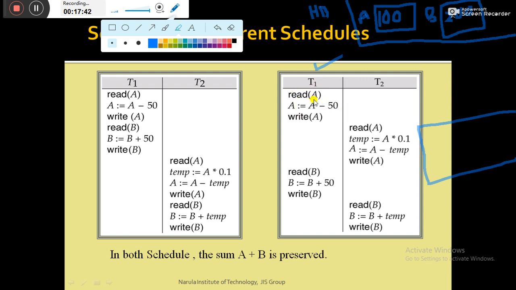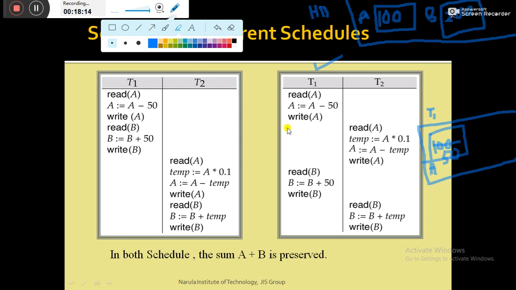The first instruction is read A, so the value 100 will be copied from hard disk to RAM. This is the local buffer in the RAM belonging to transaction T1. Then A is equal to A minus 50, so it becomes 50.